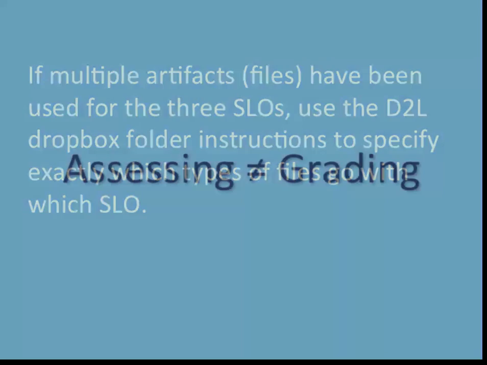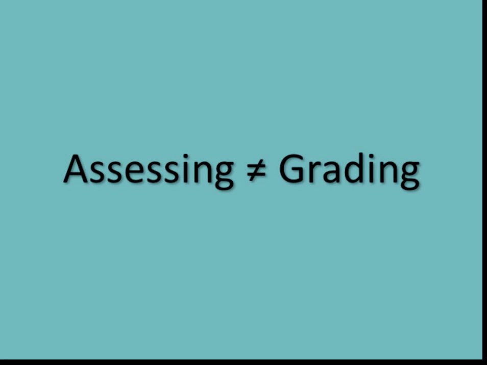Thank you. And then, last but not least on our guidelines, is to keep in mind that assessing is very different from grading. The AAC&U, when we went to their conference, drilled this into us. Assessing is not the same thing as grading. When you are assessing, it's only looking at the student learning outcomes that you want the student to do.